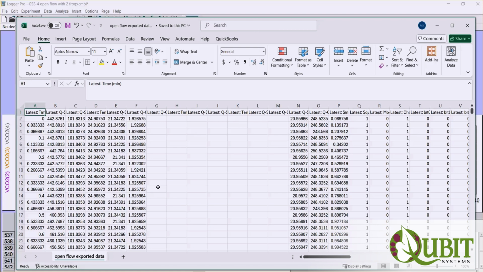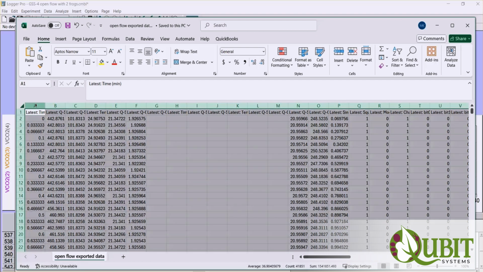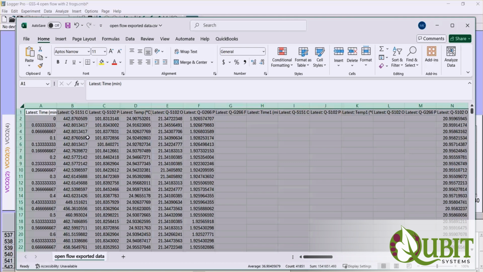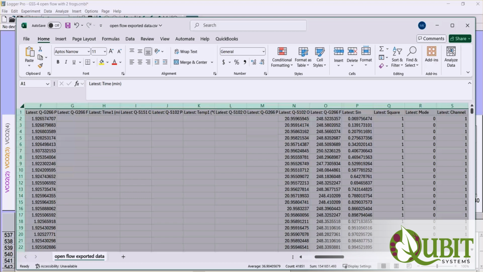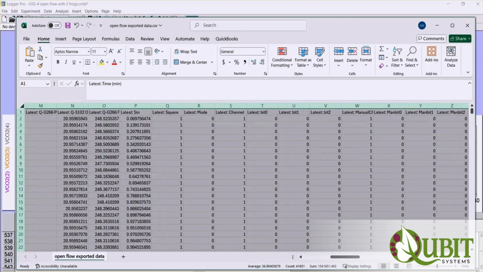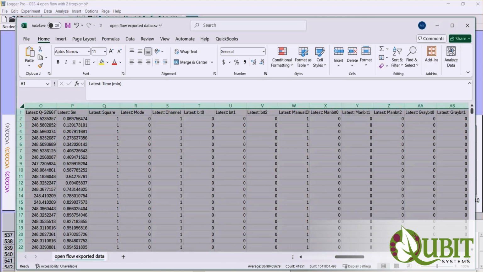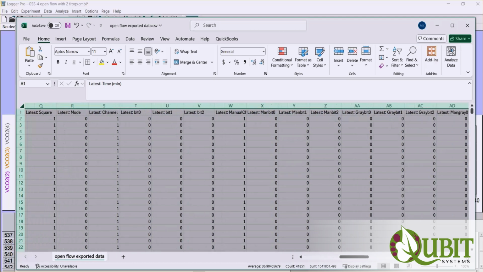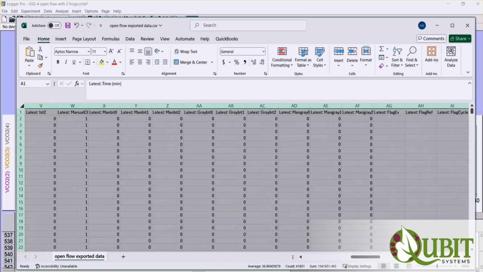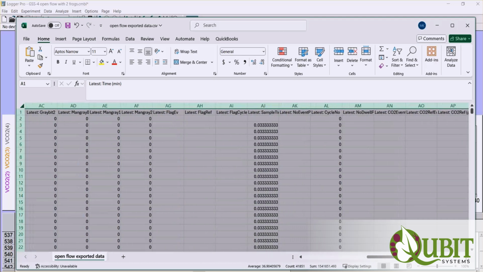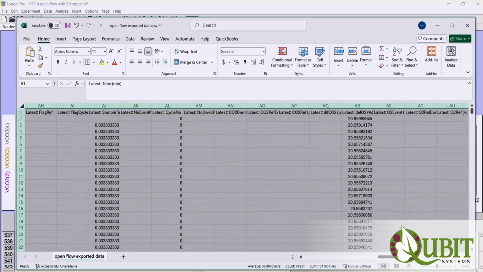You will see all of the raw data in the first initial columns: CO2, O2, pressure, flow, temperature. You will also see all the data that's required for the control of the system, for the control of the gas switcher, and for organizing and sorting of the data into individual channels at the end.